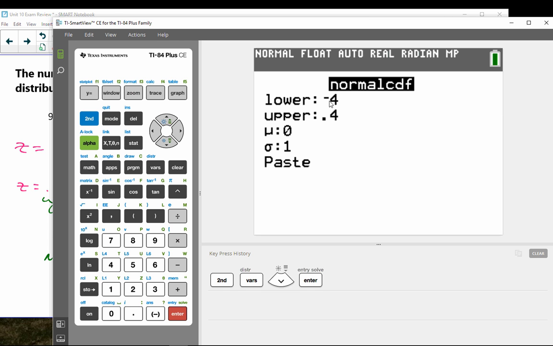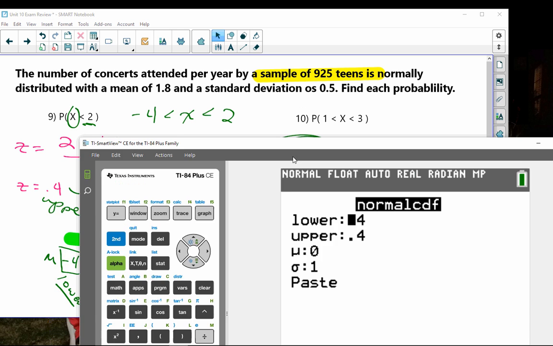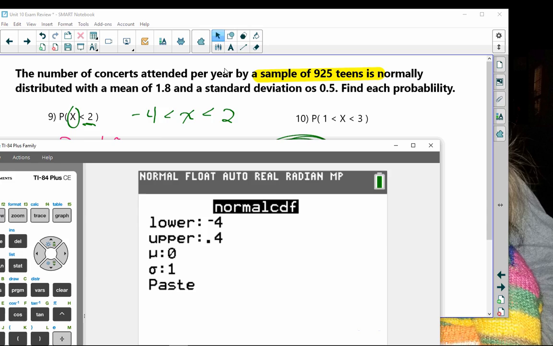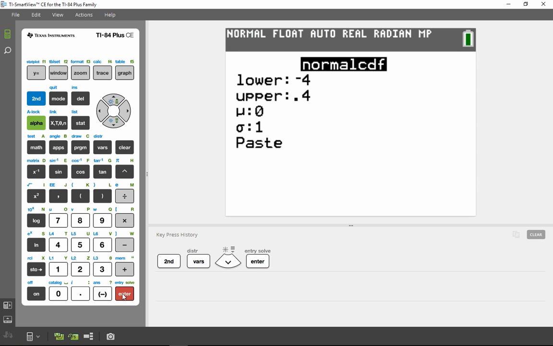Now on y'all's screen, you won't have this, will you? You'll have normal CDF, parenthesis, so my first number should be -4, comma, right? Hit the comma, and then your top number is going to be what? What did we say our top number was? It's 0.4, right? So now I can go through here, hit enter, enter, enter, enter, all the way to the end.